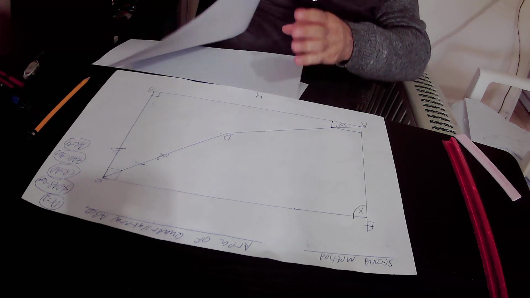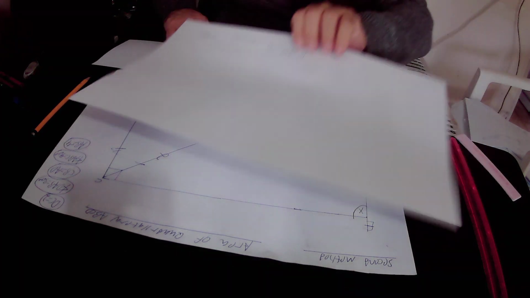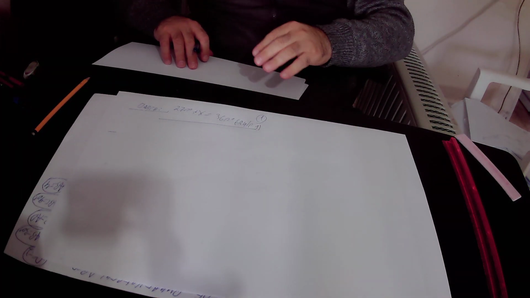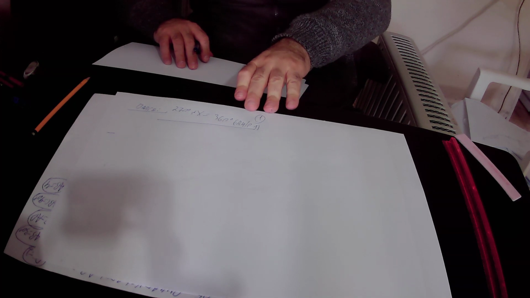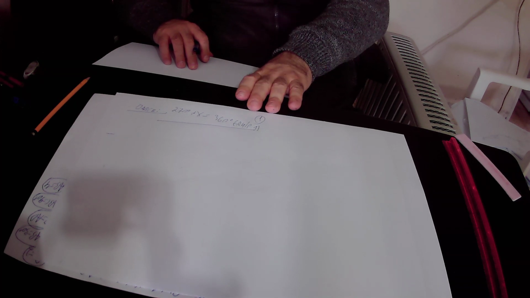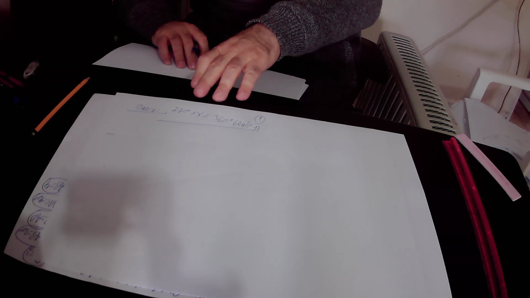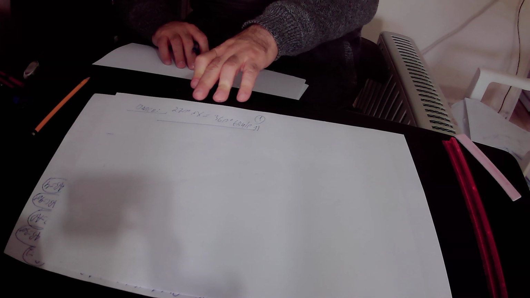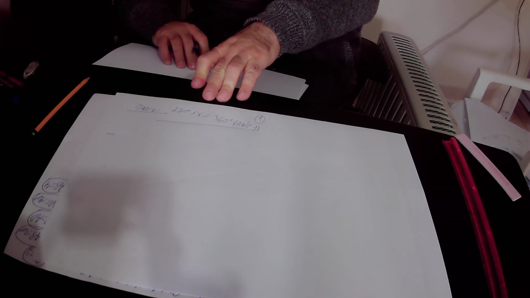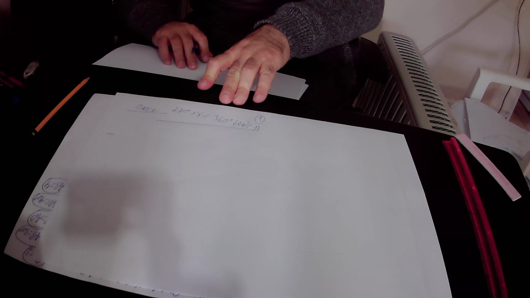I'll repeat again. The sum of the angles in quadrilateral ABCE must be equal to 360 degrees according to rule number 1. That is to say, the sum of the three angles, that is actually 270 degrees, plus the size of the fourth angle must be equal to 360 degrees.